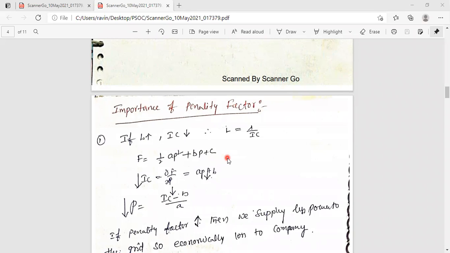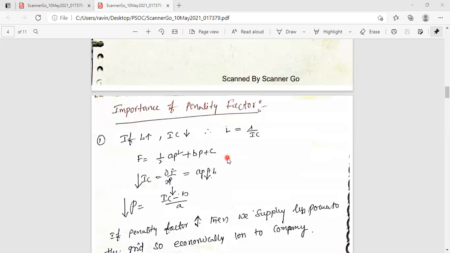I will take a small example. For example, any company is there, and you are giving a supply to the company. Due to some circumstances, losses occurred, and a power cut happened at the company. There is no power in the company for half an hour, and a huge amount of economic loss is generated to the company due to power interruption.